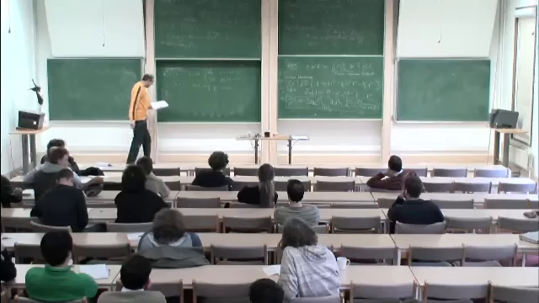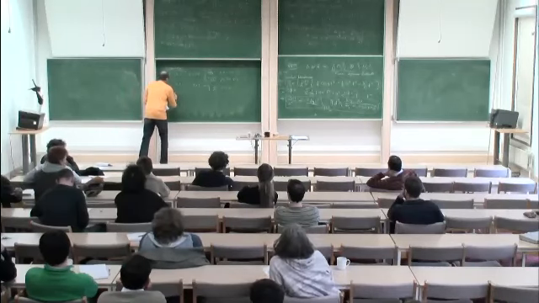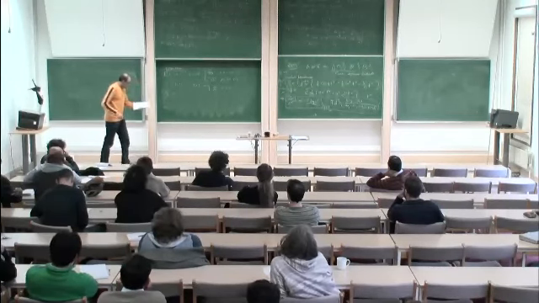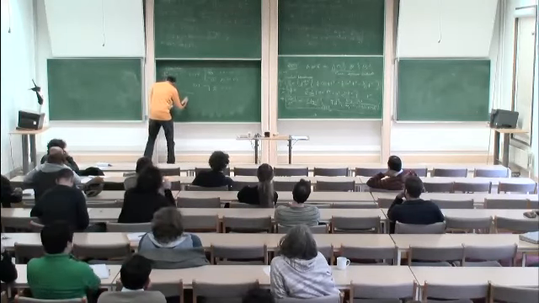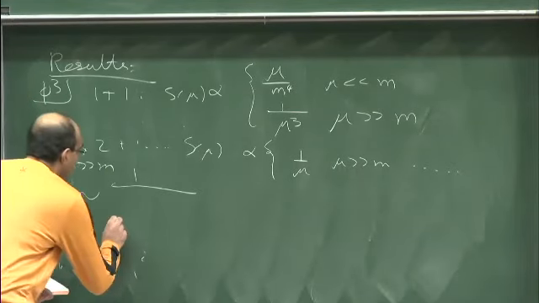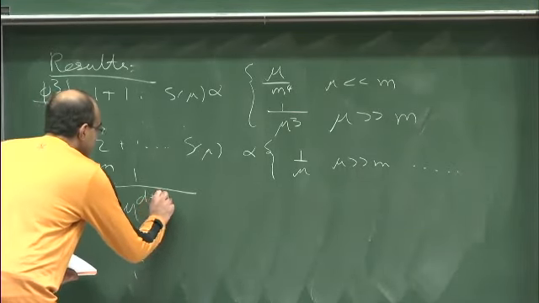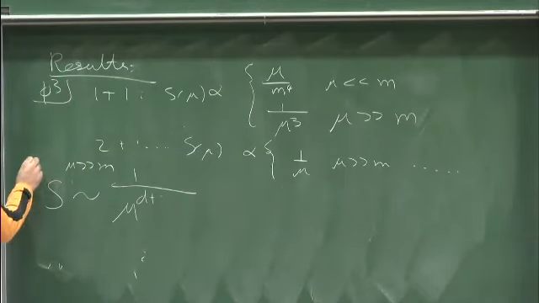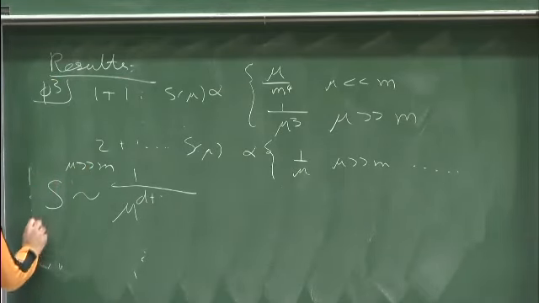So if you evaluate this quantity, what you find is the answer goes like 1 over mu to the dimension, for mu much, much bigger than the masses. This is for phi to the n theories in d plus 1 dimensions.